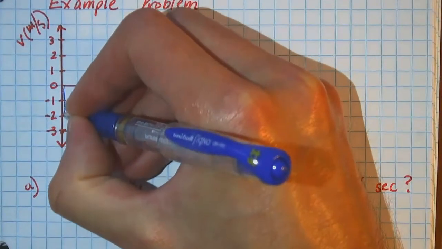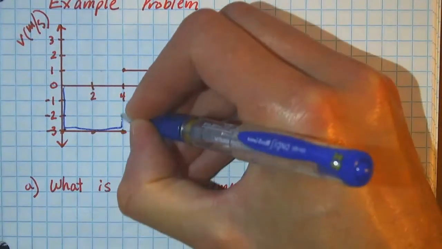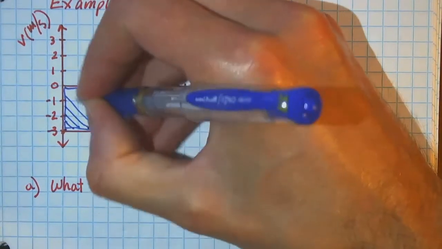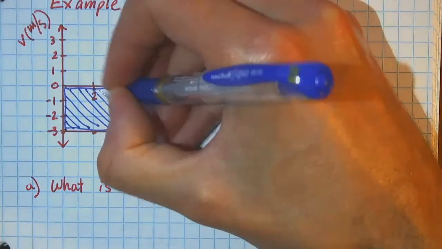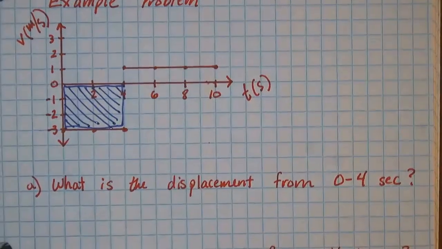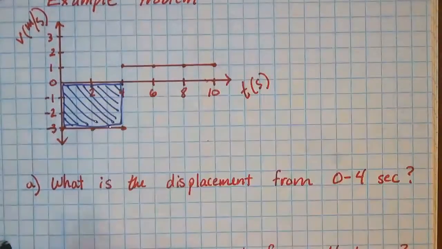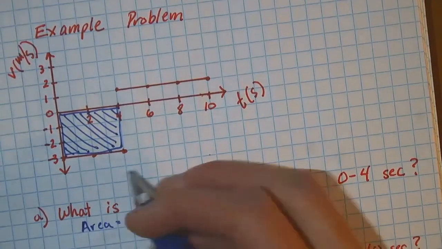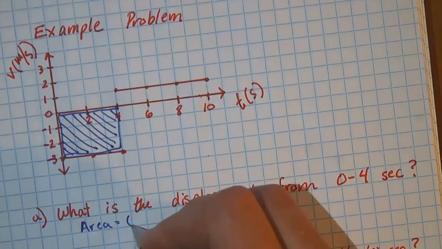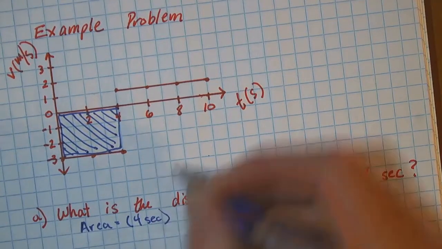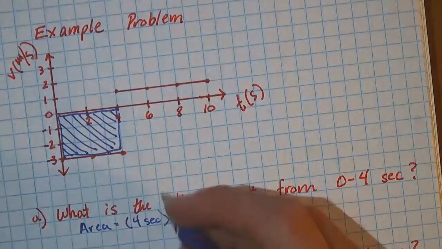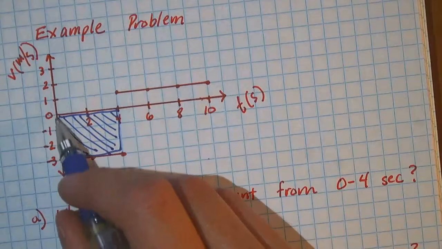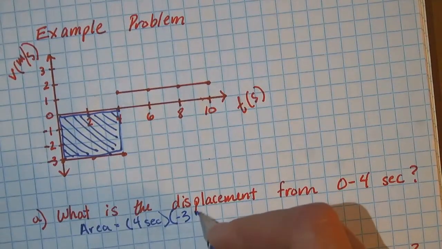So that's going to be this area right here. Now we just need to find that area. The area from 0 to 4 seconds would just be base times height. The base is going to be 4 seconds times the height, which is going to be whatever the velocity is here, which is -3 meters per second.